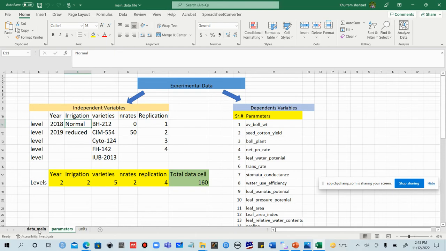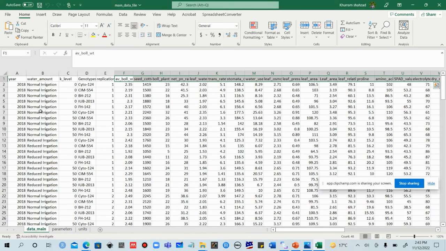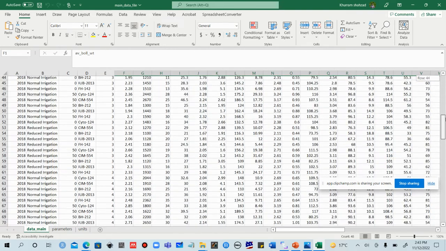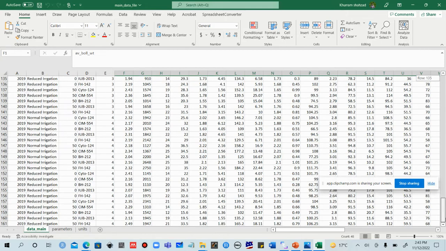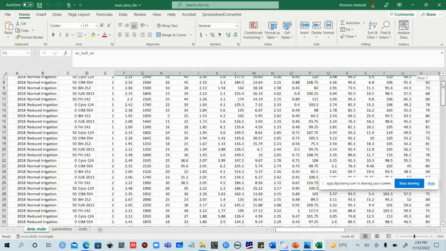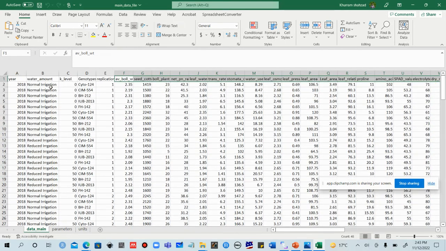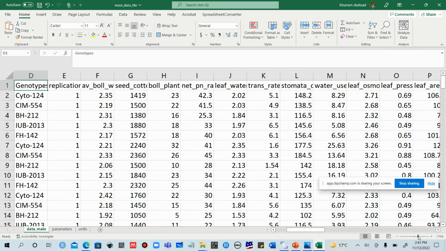This is the main sheet that I made. Here we put the year data, then the irrigation, normal irrigation and then reduced irrigation. Then we put the potassium level 0 and 50. Then genotypes.